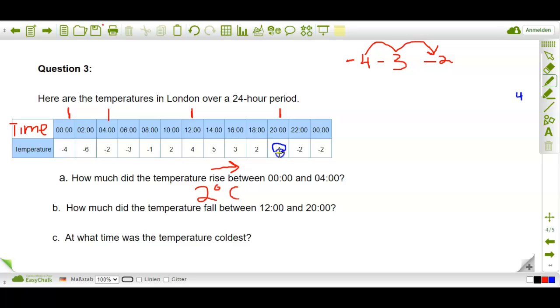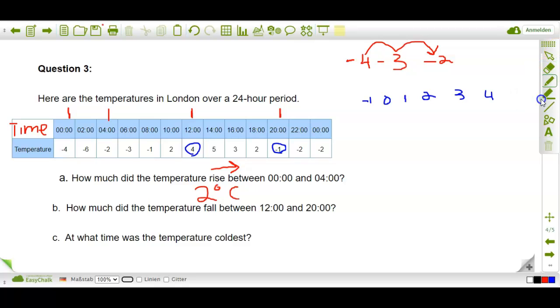So between 4 and -1, you have 0, you have 1, 2, 3, and you have 4. I'll just erase this 4 here.